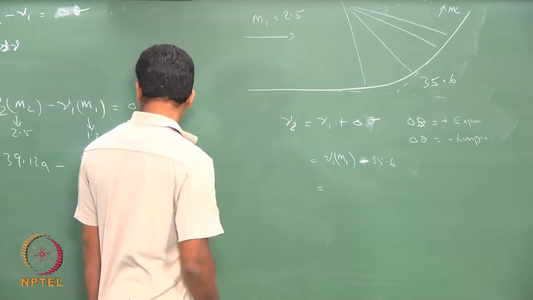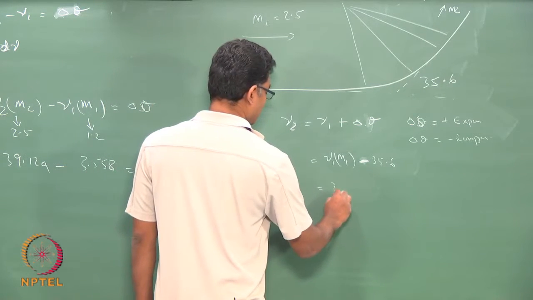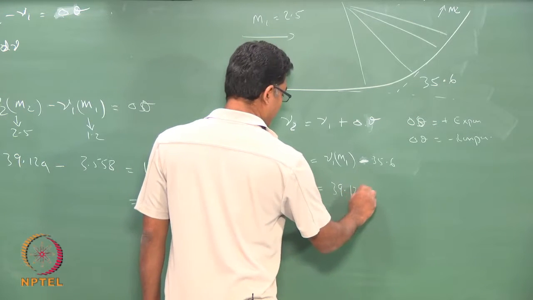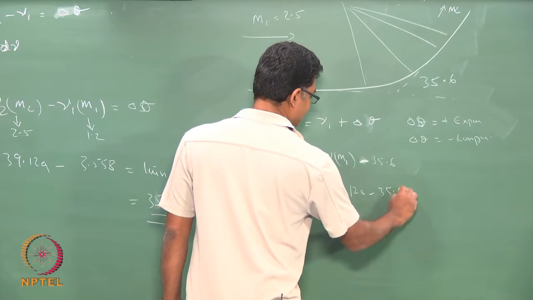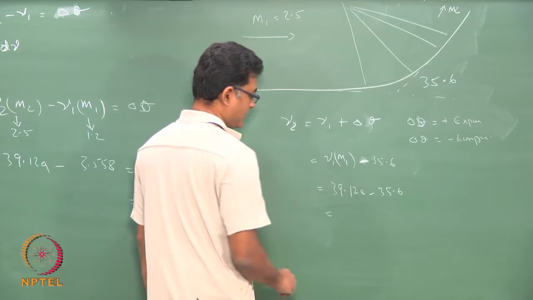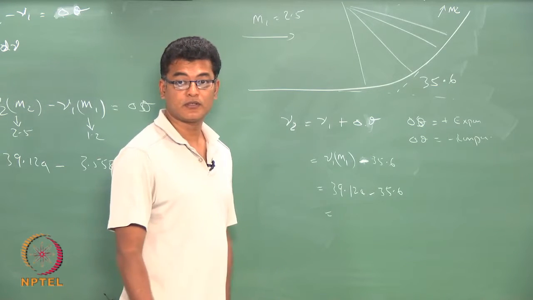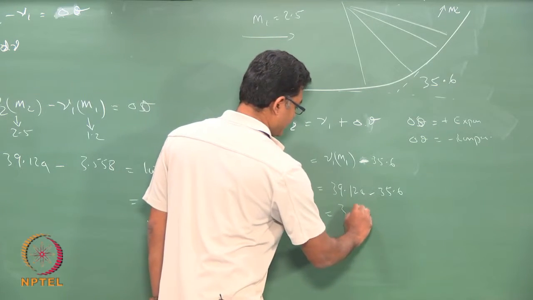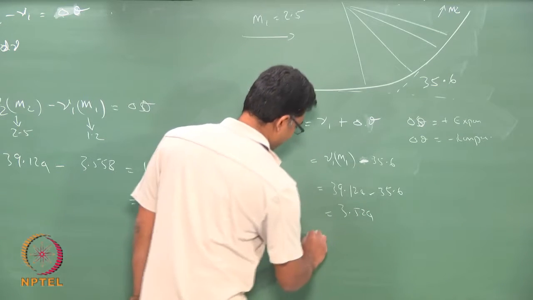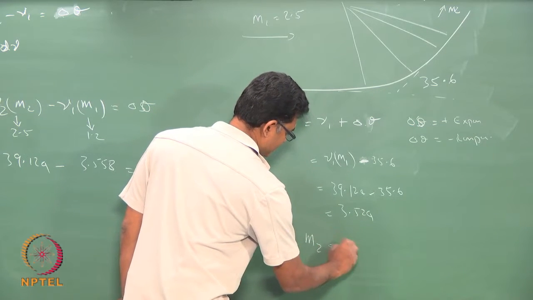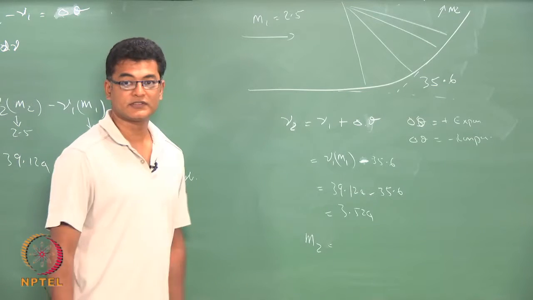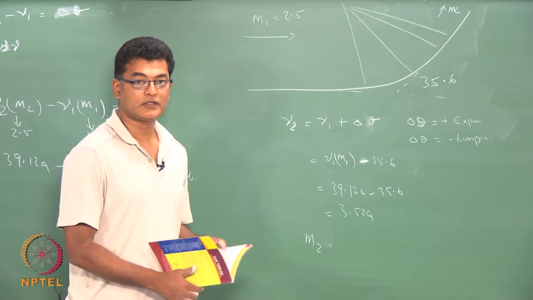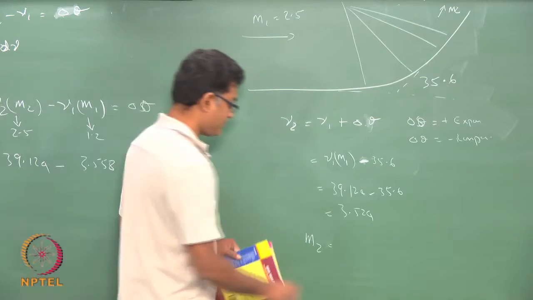So, nu 1 is 39.124 minus 35.6. You would get around 3.524. So, the Mach number associated with this nu is 1.2.